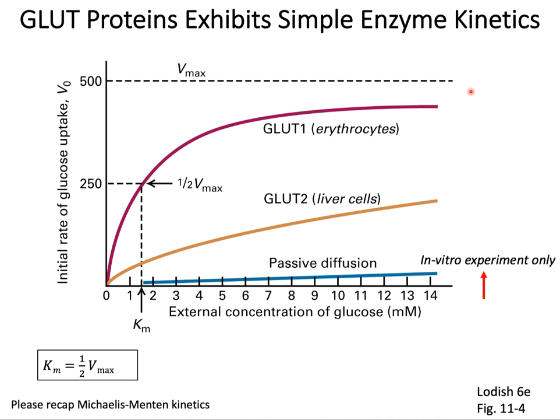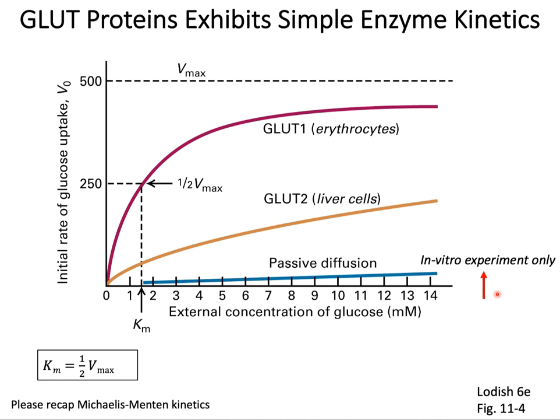Number four, transport is reversible but always down the concentration gradient. The direction of transport will change if the direction of the concentration gradient changes. Number five, transport is specific. Each uniporter transports only a single type of molecule or a single group of closely related molecules.